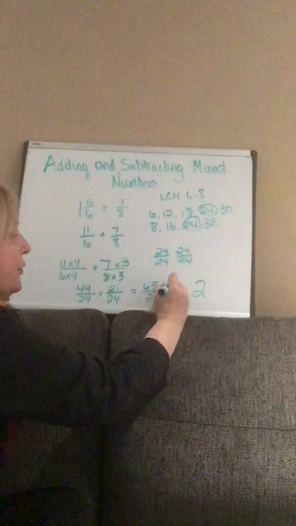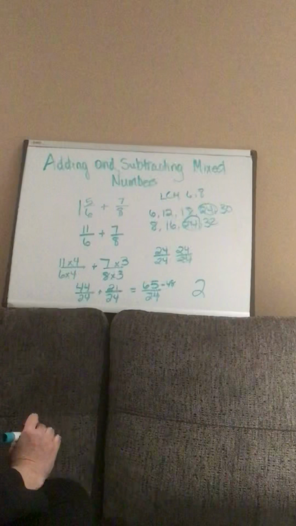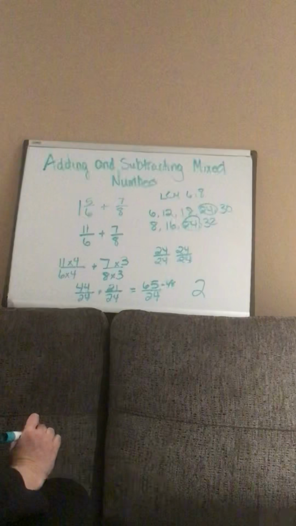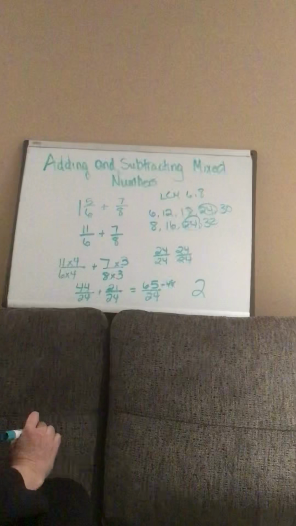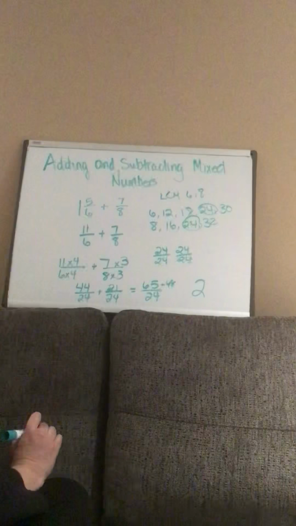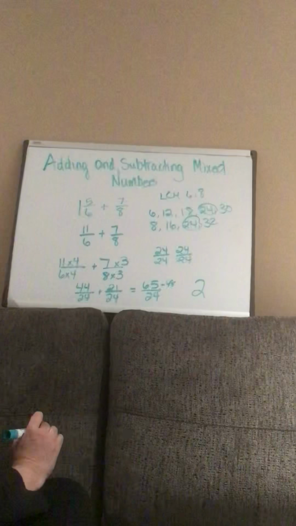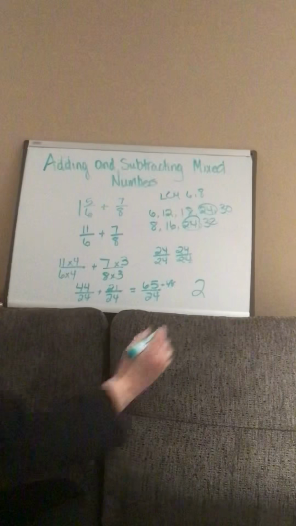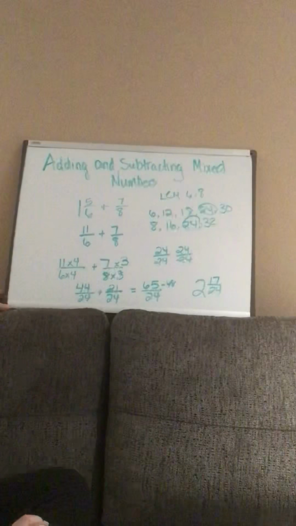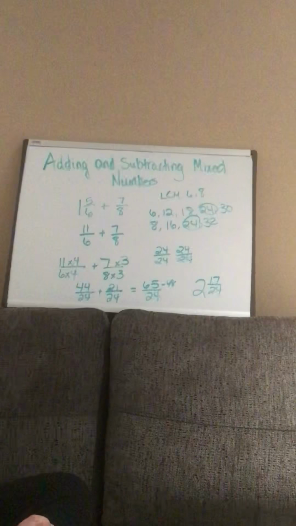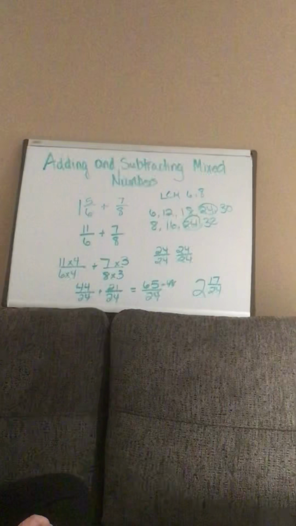I subtract 48, and 48 plus 10 is 58, plus 2 more gives me 60, and then I need to get to 65, so I'm going to end up with 17 24ths left over. You can easily do that with your calculator instead of doing the mental math like I did. I just didn't have a calculator handy.